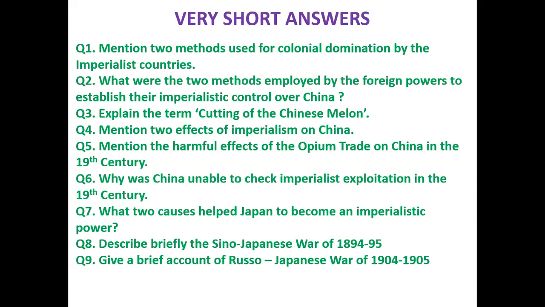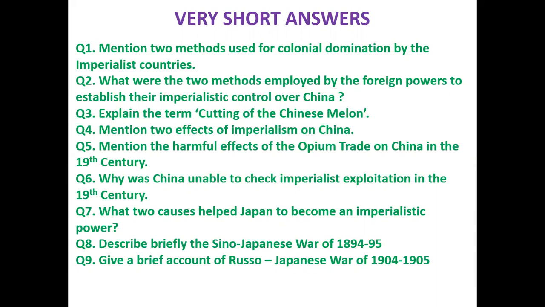What were the harmful effects of the opium trade on China? The British used to force opium on Chinese people and ensured the wars between the two, and these were the Opium Wars. Such wars had a very bad effect on China. It caused much harm to it. They used to force opium, and it did a lot of physical and moral damage to the Chinese.